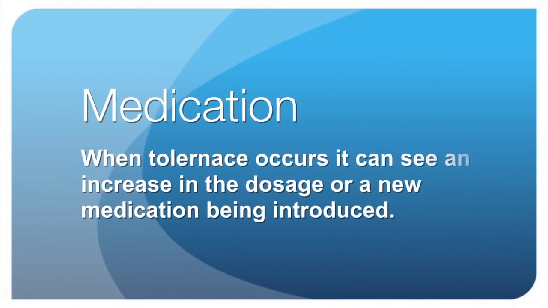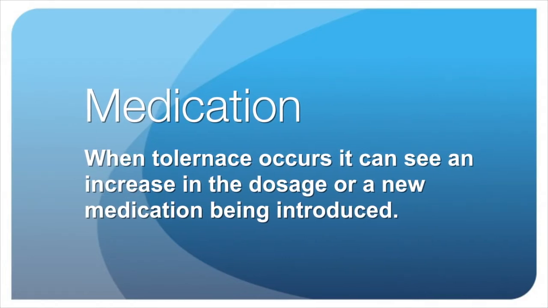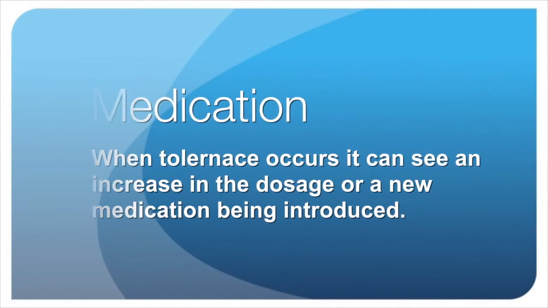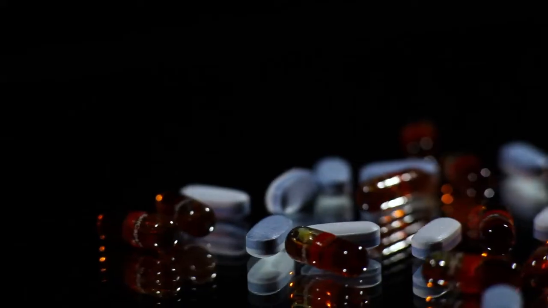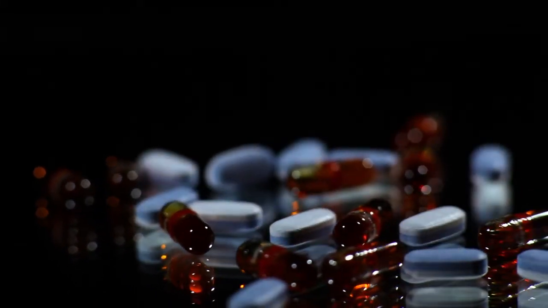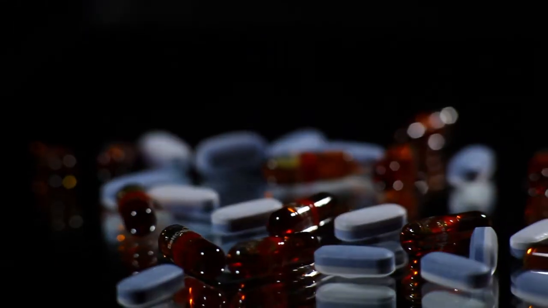That may seem like a logical answer, but the problem is that every time you increase the medication dose, you will also increase the side effects. And you may not develop a tolerance to the side effects at the same rate that you develop a tolerance to the desired effects. This can lead to an imbalance where you see more problems with side effects as you increase the medication dose than you do beneficial effect.